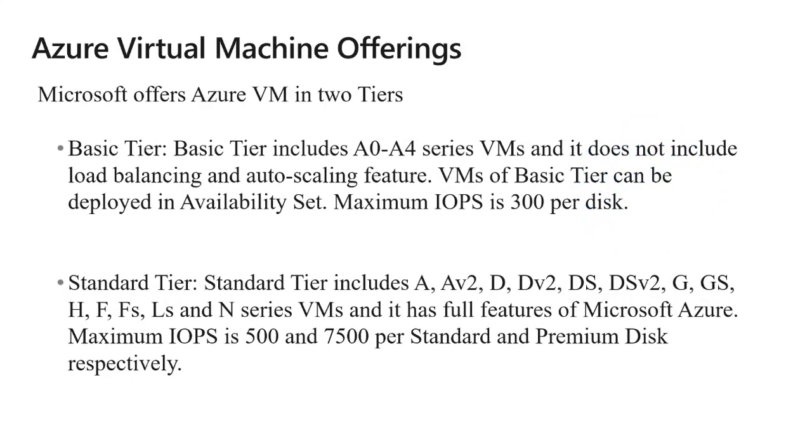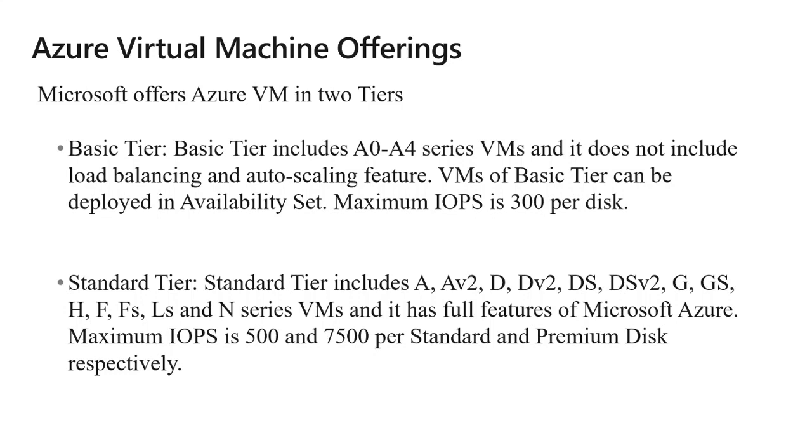Another thing is choosing the right size of virtual machine. In Azure, we have two tiers. One is the basic tier, another is the standard tier. In the basic tier, I don't know why Microsoft kept it. It is a useless tier. It has only four virtual machines, A0 to A4, and it doesn't support auto scaling, doesn't support a load balancer, and doesn't go beyond 300 IOPS.